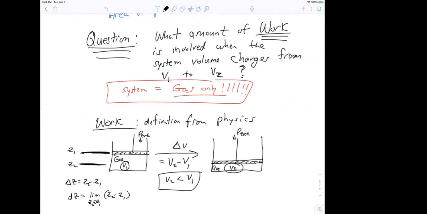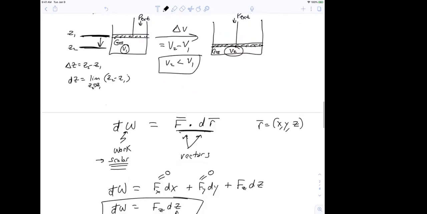And this volume change, delta V, which is defined as V2 minus V1, is made possible by having this external pressure change the Z position of this piston head from Z1 to Z2, where Z2 is lower than Z1. So you see here that we had motion of this piston head downwards to decrease the volume, okay?